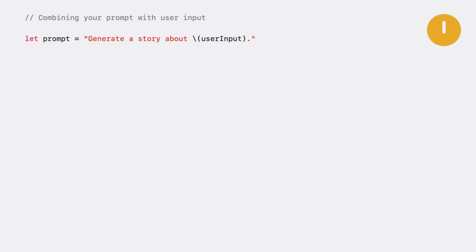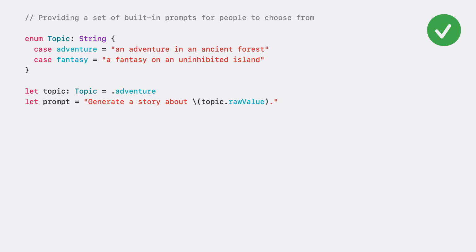One good way to reduce risks without sacrificing flexibility is to combine your own prompt with the user input. Or even better, your app can provide a list of built-in prompts for people to choose from, so you have complete control over the prompts.